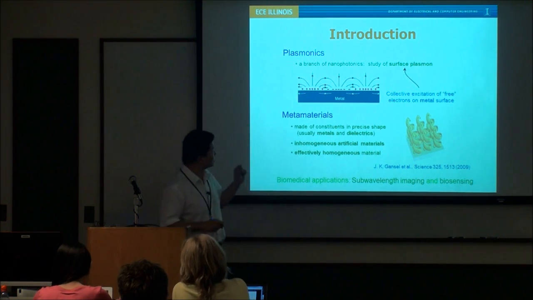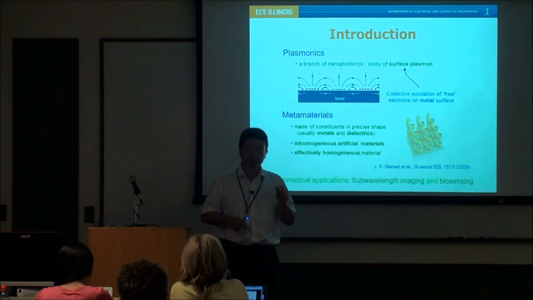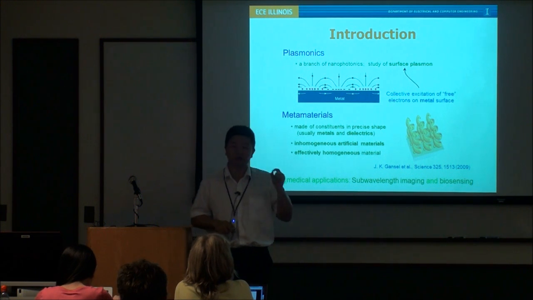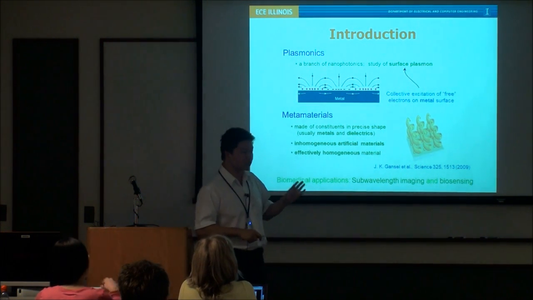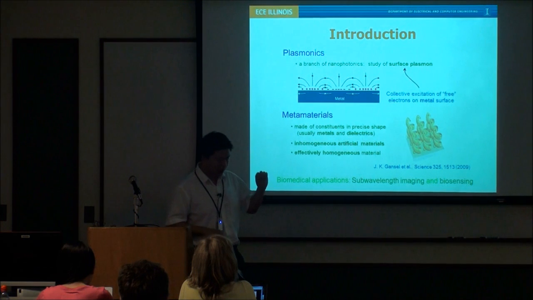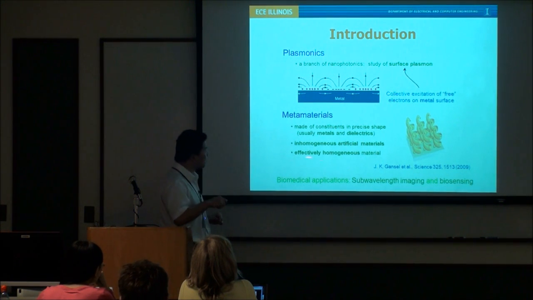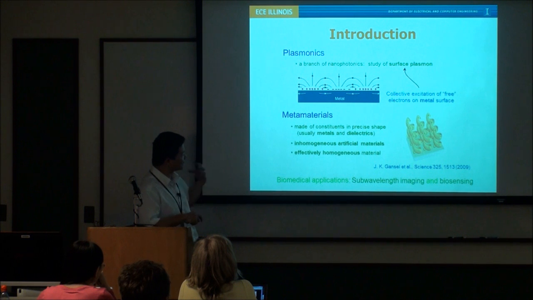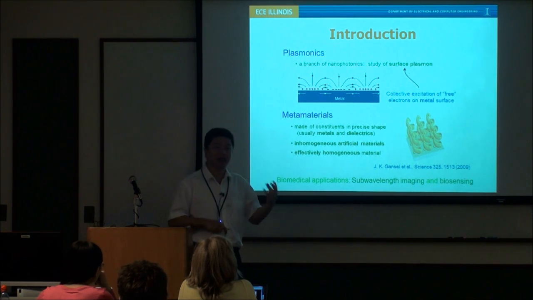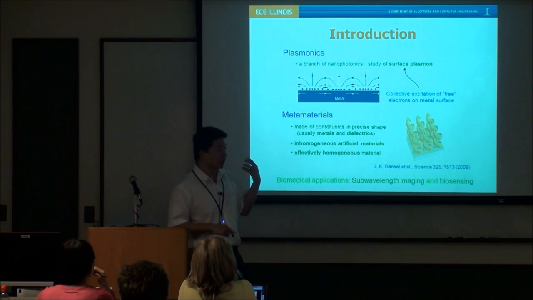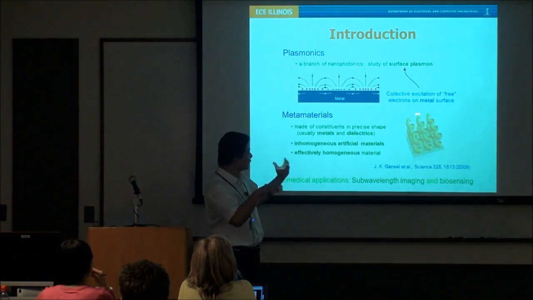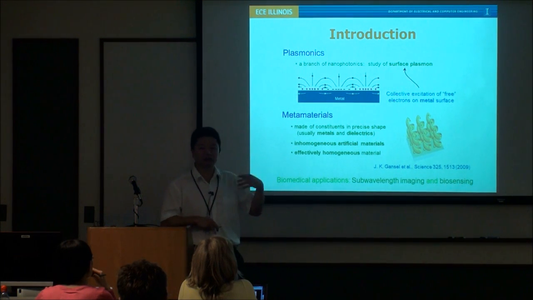But because the metal and dielectric structures in these metamaterials are very, very small, they are actually much smaller than the wavelength. So at the wavelength scale, we can effectively assume it is a homogeneous material, but one that has very different physical properties in comparison to either metal or dielectric.